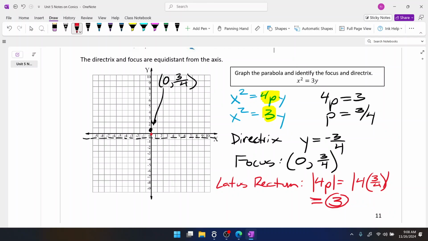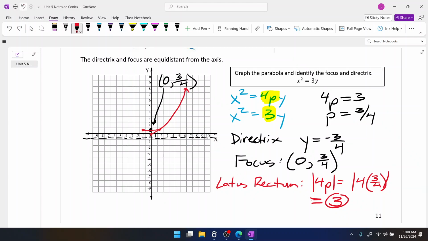Now, here is kind of the million-dollar question. What is half of 3? 1.5. So you'll take this point here, and it'll go 1.5 units in both directions. And then we literally can draw the curve this way.